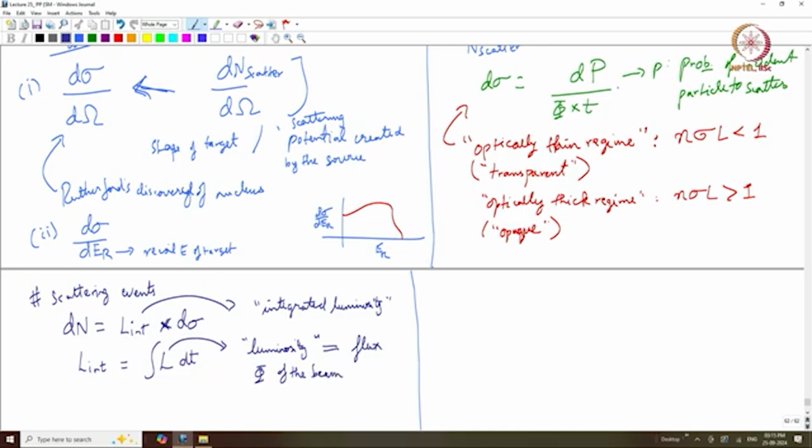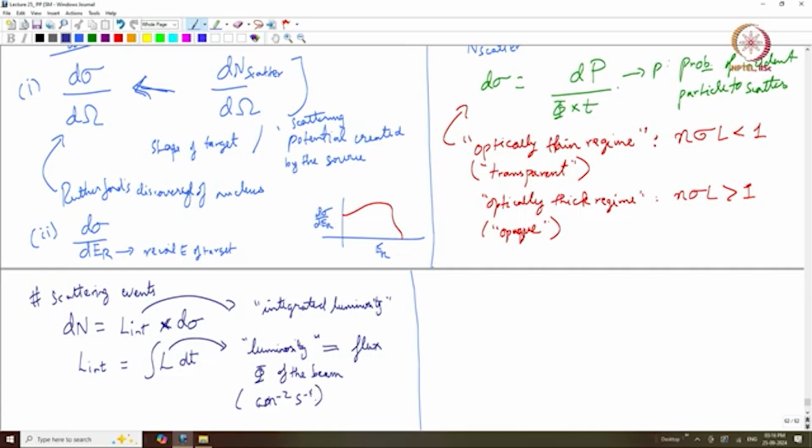Okay, again the luminosity has units of 1 over centimeter squared per second, right? So one other way to write it is using barns, but okay, let's just write inverse centimeter squared inverse second.